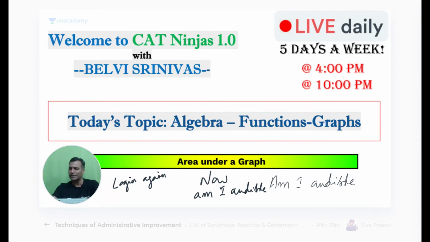He will only draw them, that too on a PPT, where the graph is already drawn, and he will just show it. You should be able to understand what the graph is about, what the point of intersection is, all that stuff. From that perspective, some basic understanding of graphs is tested. That's what we do in this lecture. Let's do the ground basics and then proceed. That's the objective.